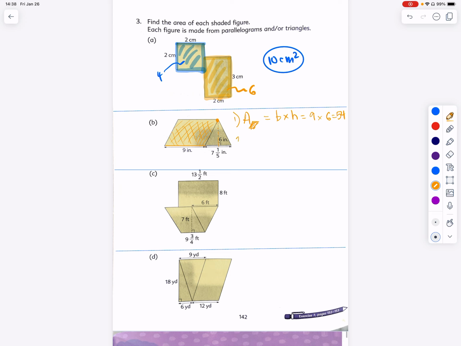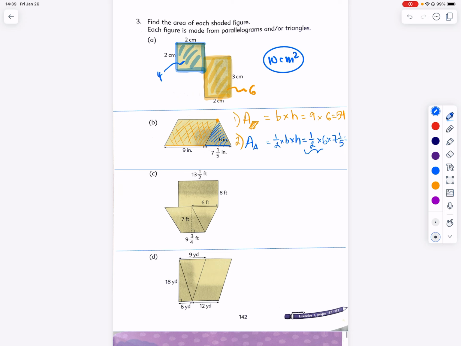Now, the second part, I'm going to do it in blue. We have this triangle. We know how to find the area of a triangle. We have to identify the area of a triangle. You see how I use the symbol? It's a half of base times height. Therefore, it's 1/2 times 6, which is your height, and times 7 1/5.